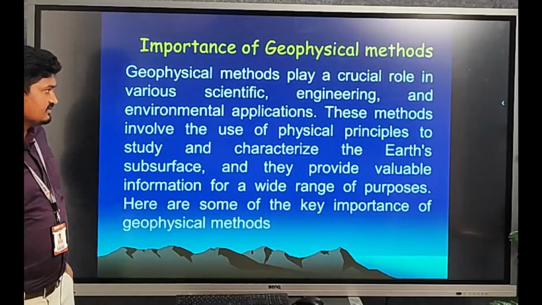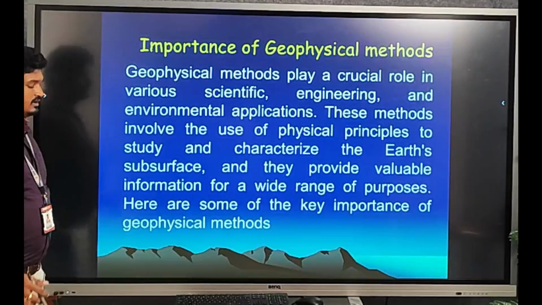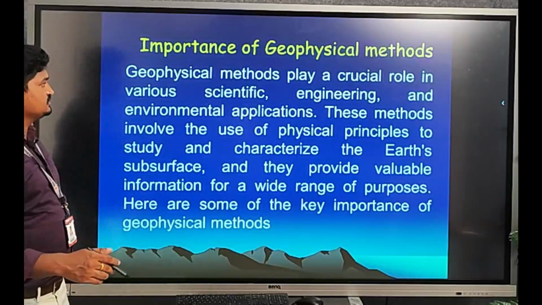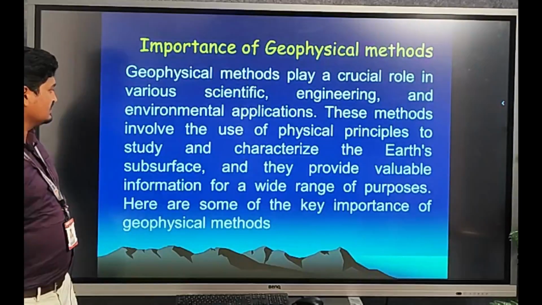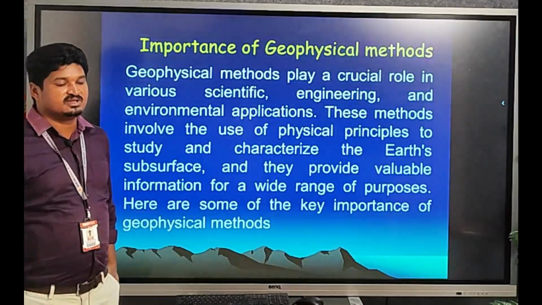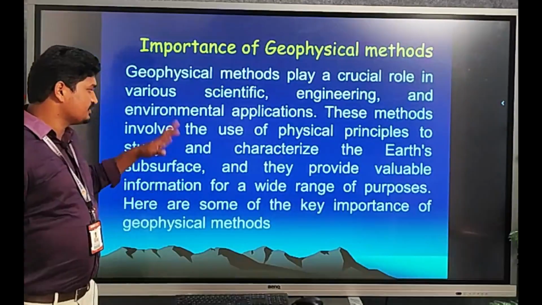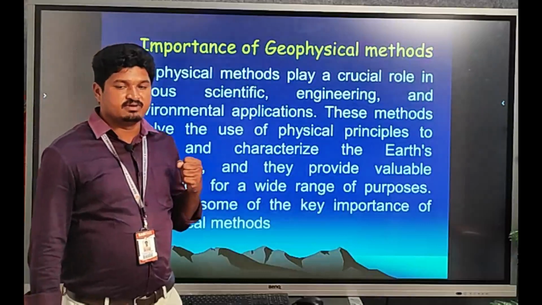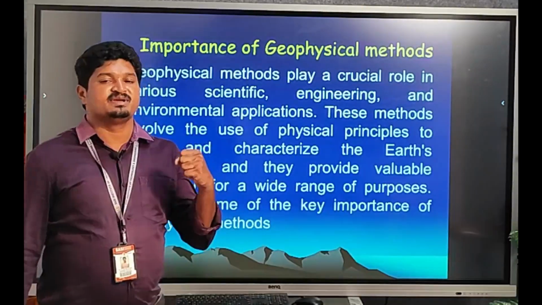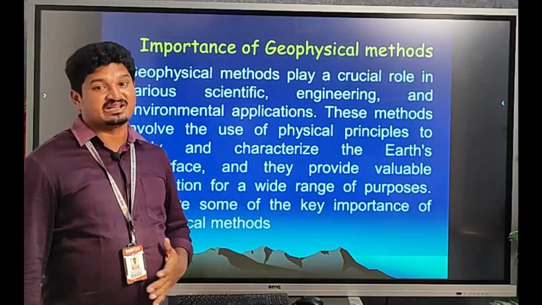The importance of geophysics is not only for civil engineering. It is also used in major scientific areas of engineering and in environmental applications. These principles always give basic evidence of subsurface soil conditions.